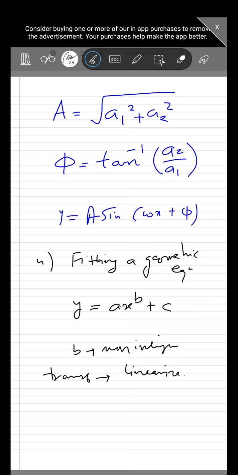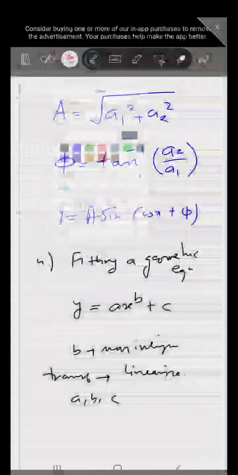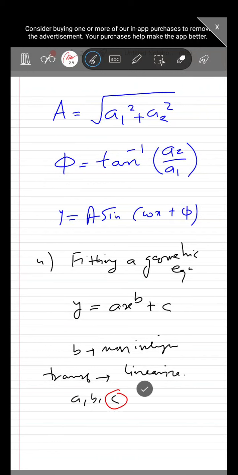So out of the three parameters a, b and c, we will assume that c is a known quantity, as we have done for omega in the previous case.